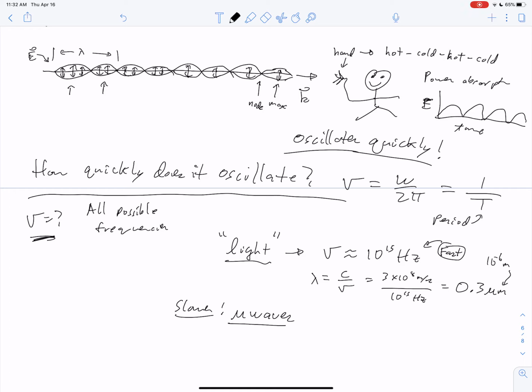A typical microwave frequency would be 10 to the 10th hertz, much slower than light. That's 10 gigahertz, and the waves are much longer. A typical wavelength for that frequency is 3 centimeters. That's a little more than an inch, so that's a pretty big wavelength.